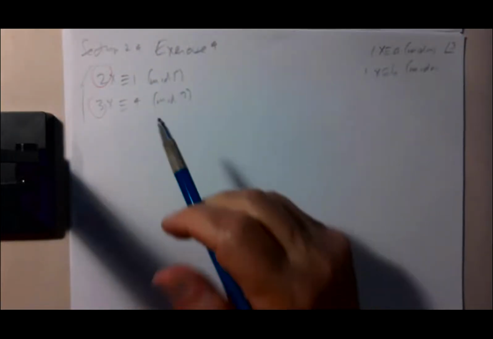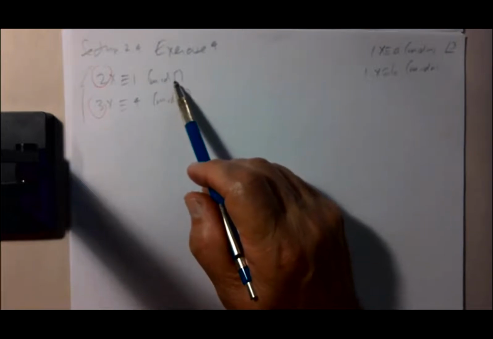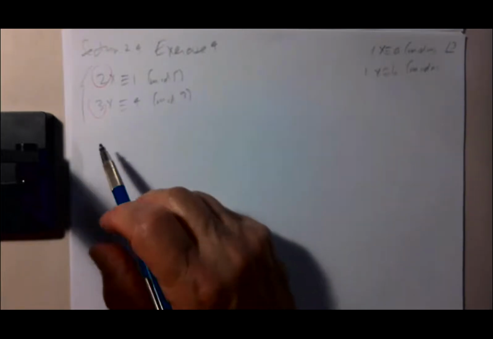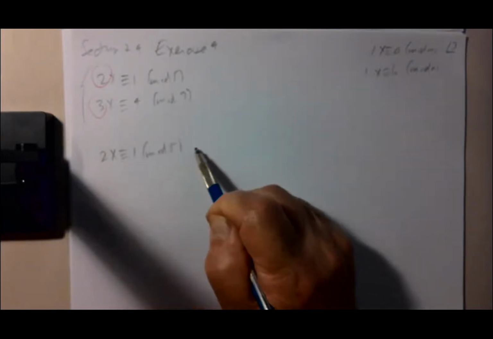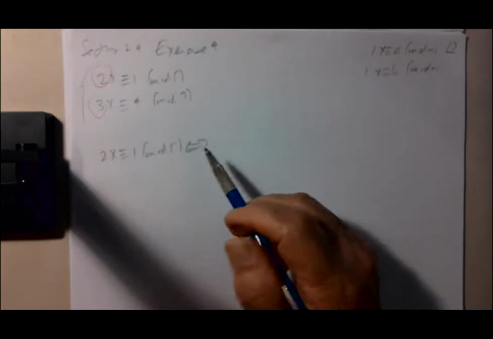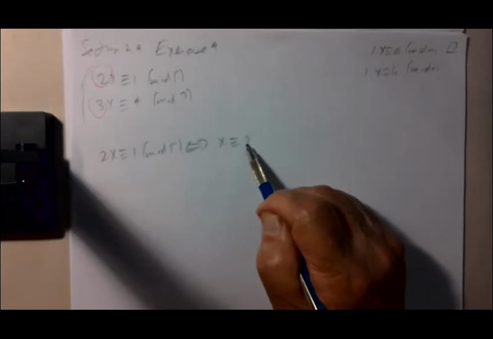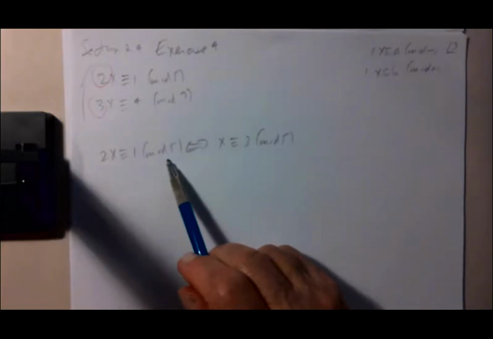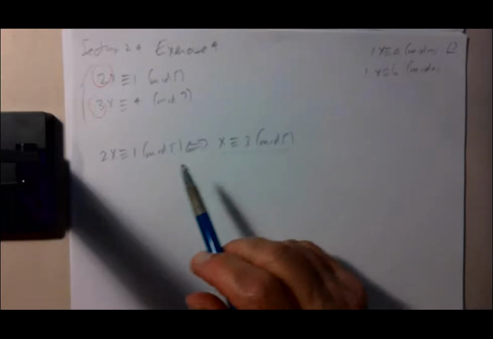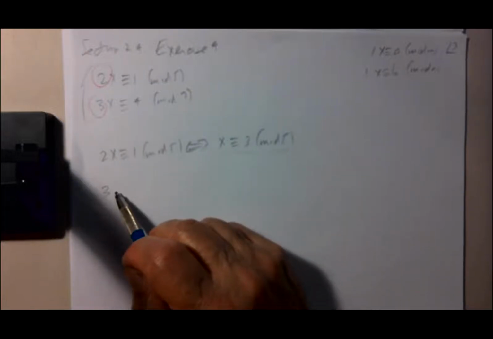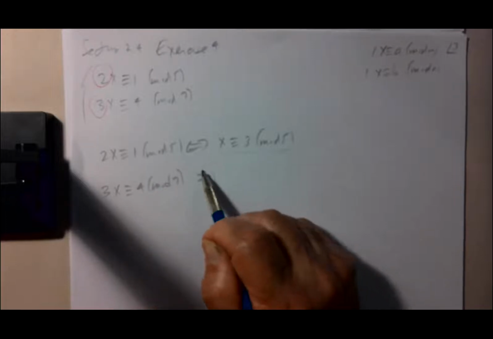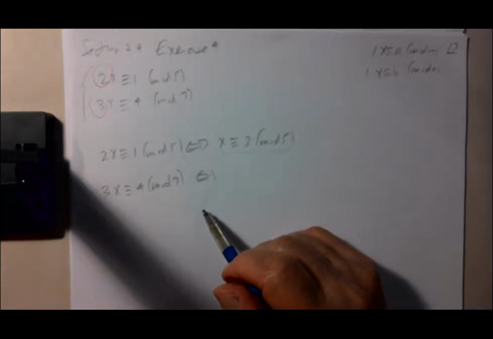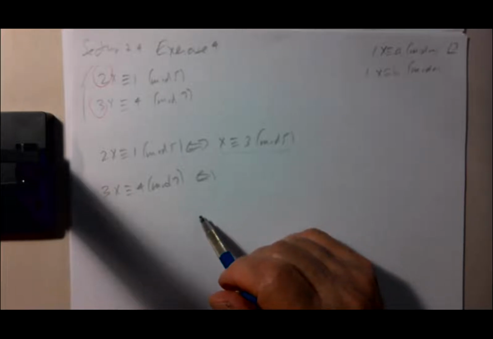On the other hand, we can solve each of these equations separately and then apply the Chinese remainder theorem. So 2x congruent to 1 mod 5, if you multiply by 3, this is the same as x congruent to 3 mod 5. So every solution of this congruence is a solution of this congruence. And if we solve the congruence 3x congruent to 4 mod 7, that's the same as, let's see, what multiple of 3?